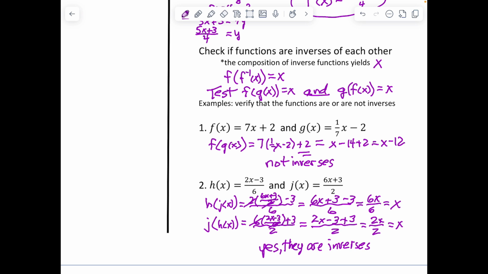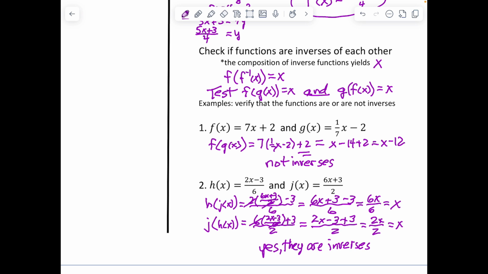So the ideas here are, first of all, if you're trying to find an inverse, if it's ordered pairs, just take the ordered pairs and swap the x and the y. If you're doing a function, if you have a function trying to find its inverse function, then you go ahead and swap the x and the y and solve for y and find out what the inverse is. If you're verifying if two functions are inverses of each other, there really are two ways.